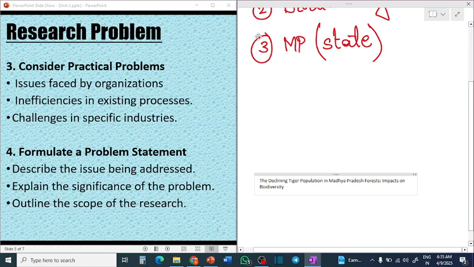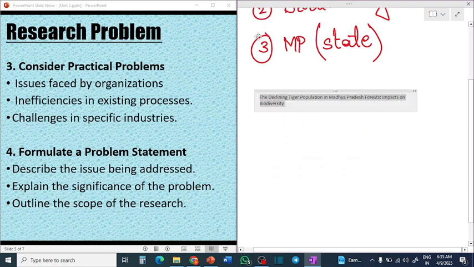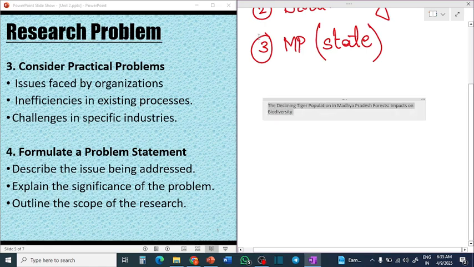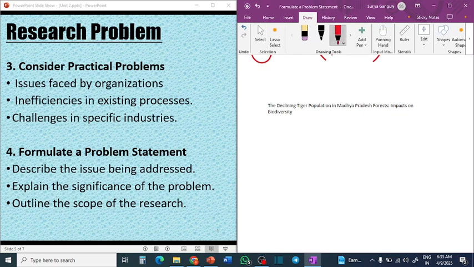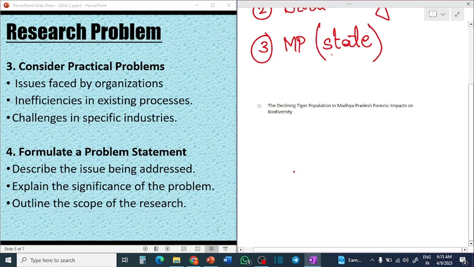I will see if I can increase the size or not. Maybe I cannot increase. Let me specify each point. So the topic which is given over here: the declining tiger population in Madhya Pradesh forest, impact on biodiversity. So the declining tigers population. So you have described the issue.